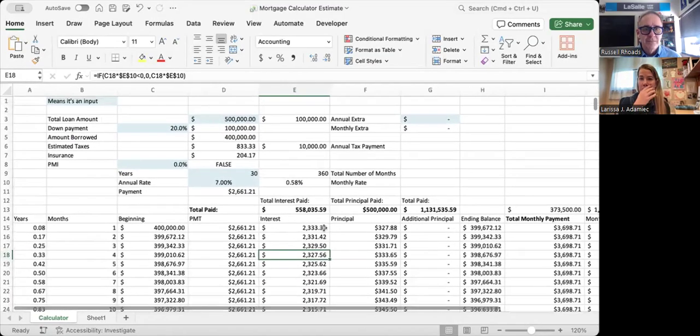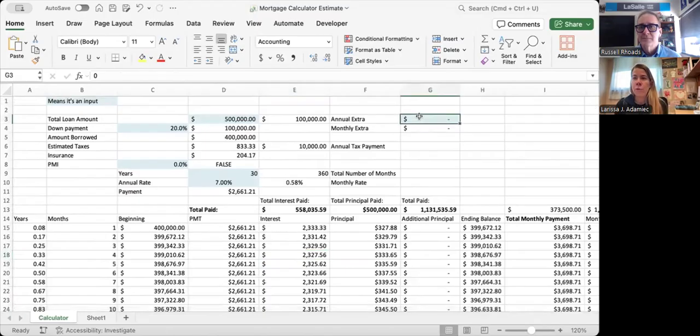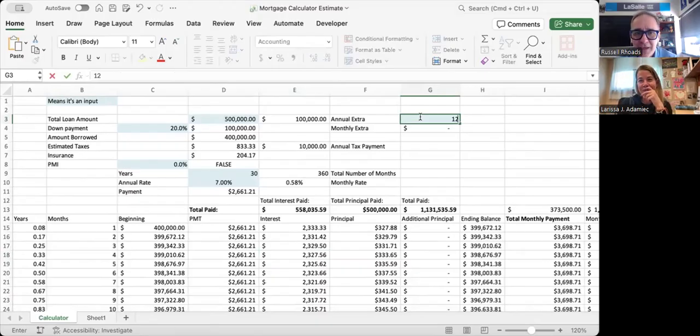So let's say you want to put in, we'll go with $1. And I would say before you hit enter, that I'm going to stare at the total interest paid and the total principal. That's the number I want to look at. A lot of numbers are going to change, but I think the one that might resonate is to pay attention to that E13, that total interest paid.